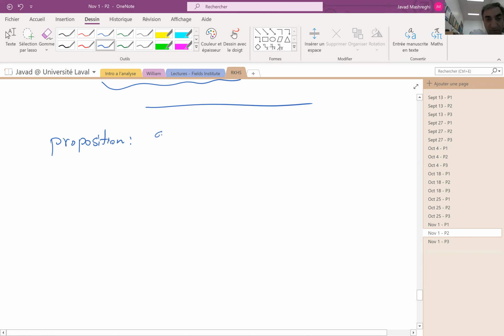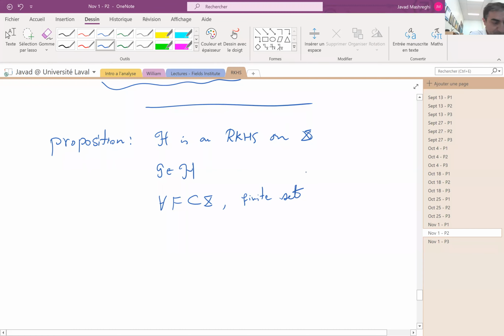Same setting as before, H is an RKHS on X. G is in H. And for each finite set F in X, we let G index F be the projection of G on HF.